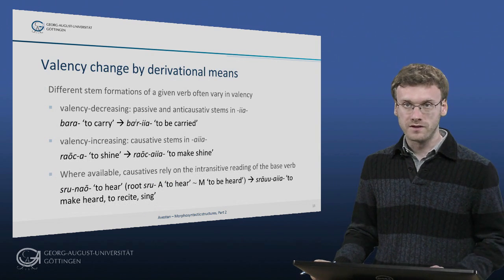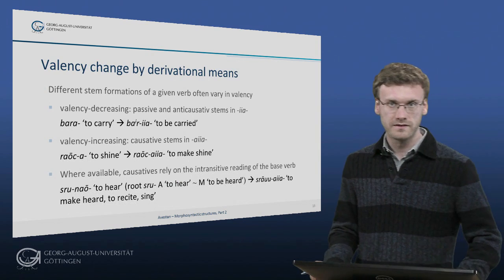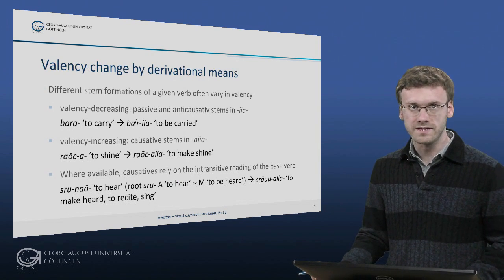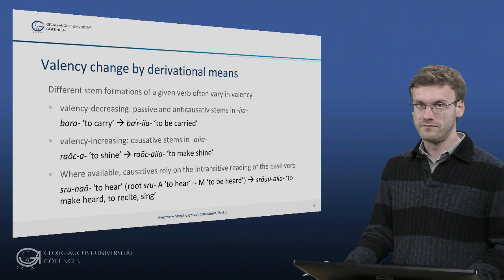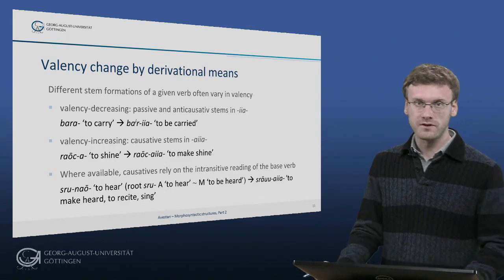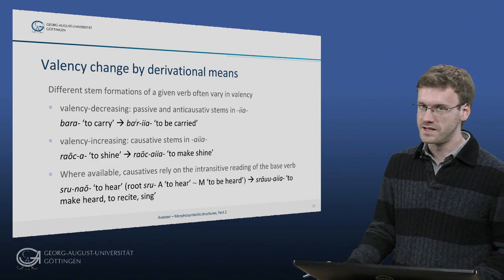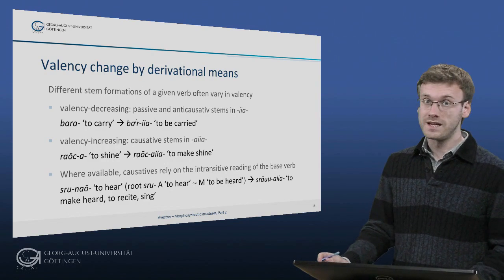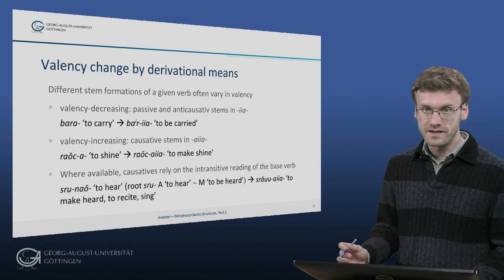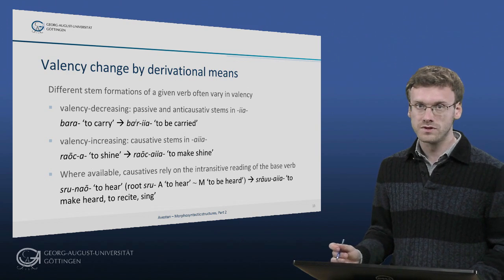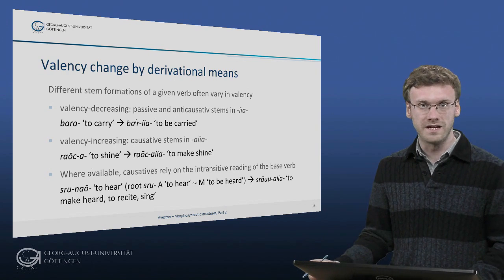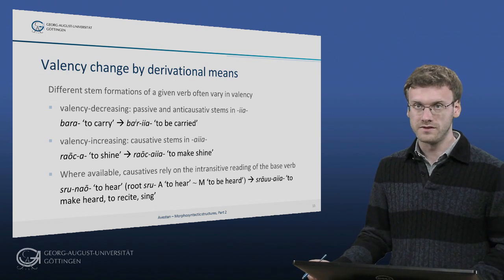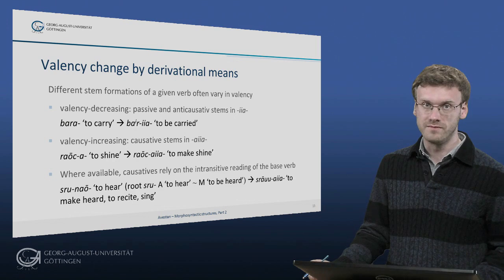Besides the formation of a passive stem with the suffix ya, a valency decreasing operation, a derivational device with valency increasing function also exists. I'm talking about the formation of a causative present stem in aya. Present stems in aya, which stand beside another present stem belonging to the same root, often exhibit an increase in valency in comparison to that of the other available stem.